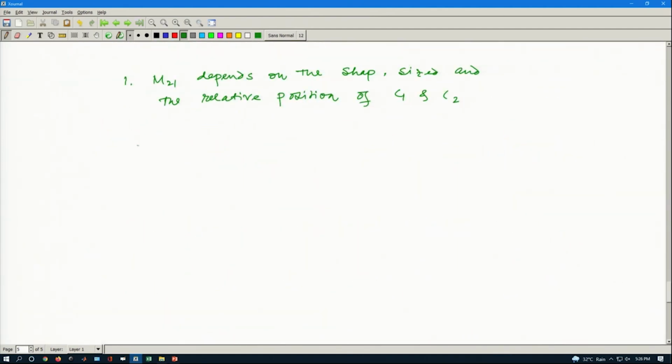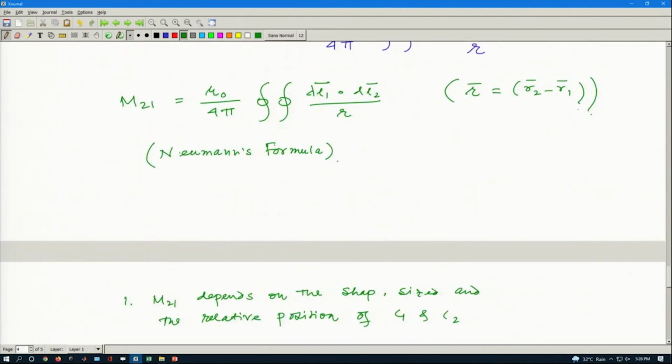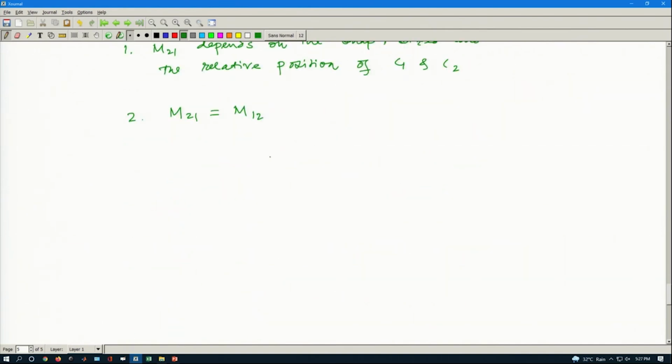Another thing is that M21 should be equal to M12, because if you just replace 1 and 2 with 2 and 1 in this expression, the right hand side will not change. That tells us that whatever the shape and position of the loops, the flux through loop 2 due to the current I in loop 1 is the same as the flux through loop 1 due to the same current passing through loop 2.